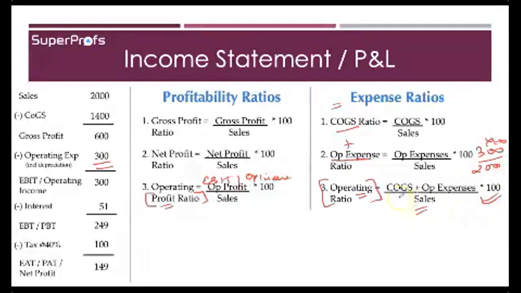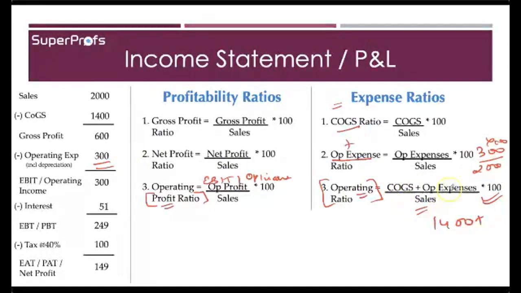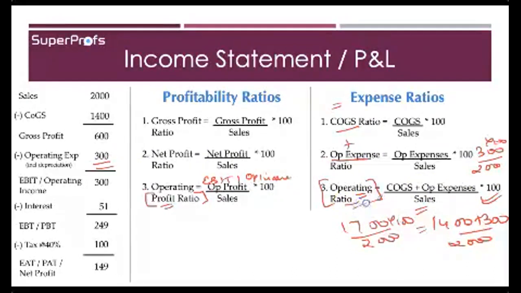So what is the cost of goods sold? That is 1400. What is the operating expenses? 300. Divided by 2000. So 1700 upon 2000 is your operating ratio.